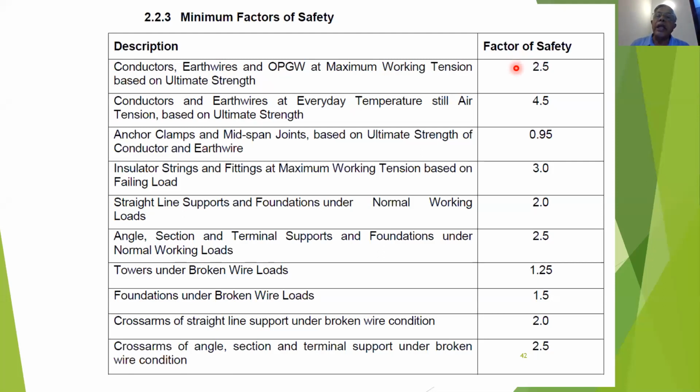At that condition, it's 2.5. So that is the maximum working tension supposed to be faced by the conductor. The conductor and earthwire at everyday temperature, in still air, then it's 4.5.